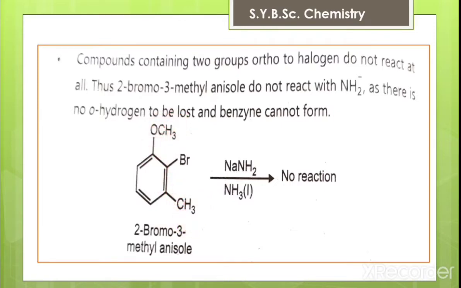For the benzyne mechanism, we require a hydrogen adjacent to the good leaving group, but in such a case it does not happen. Here Br is adjacent to the OCH3 group and also adjacent to the CH3 group. That means there is no ortho hydrogen to be lost and benzyne cannot form. Therefore we can say there is no reaction.